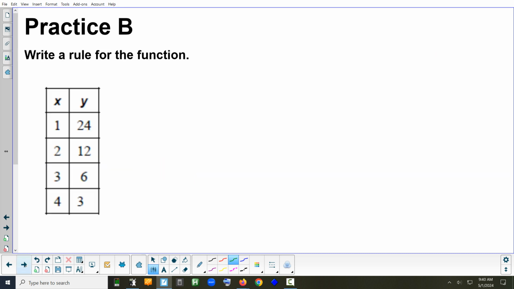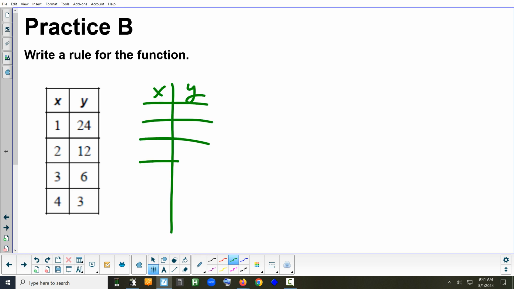All right. So now they want a rule, given that table. What's missing from that table that I normally give you? You don't have the 0 in the x column. So you need to figure that out. It's almost like we need another row above the one that we have.